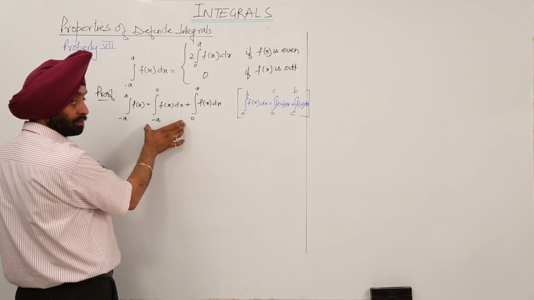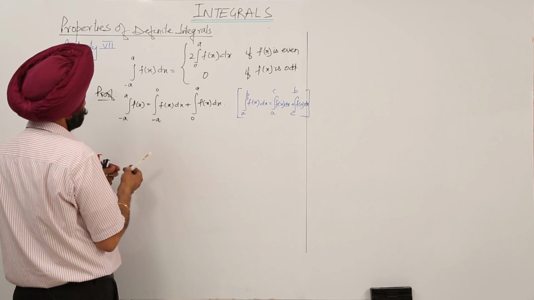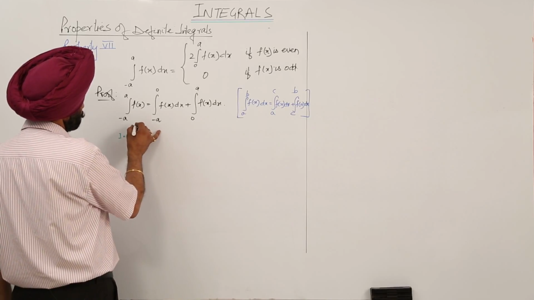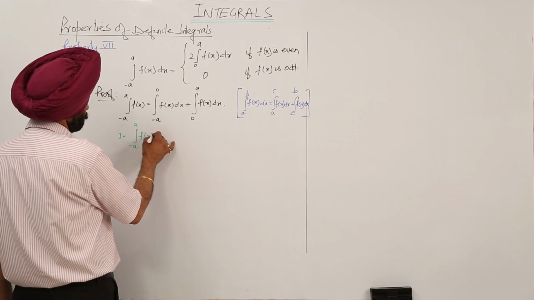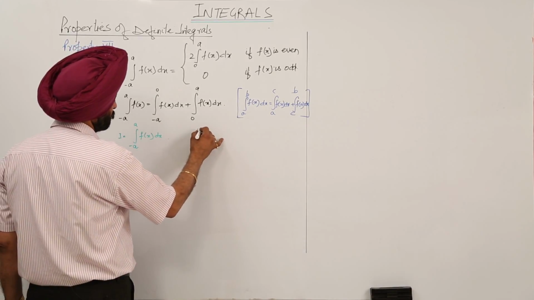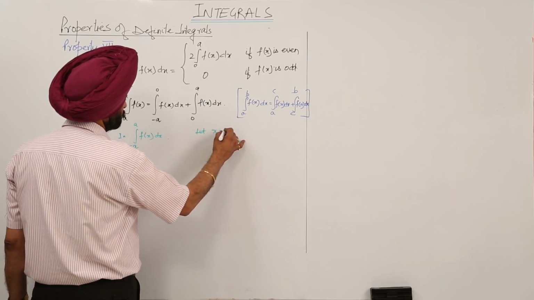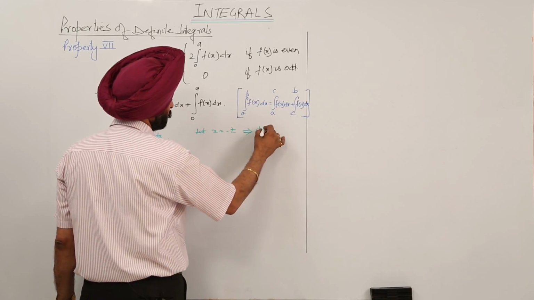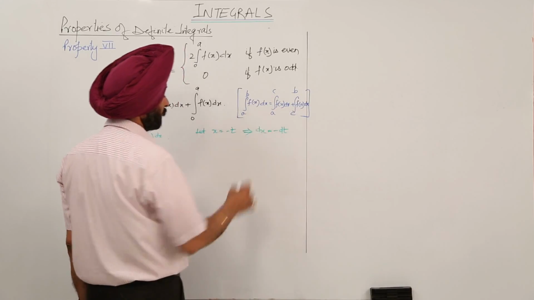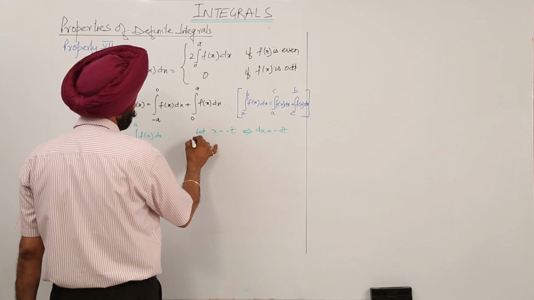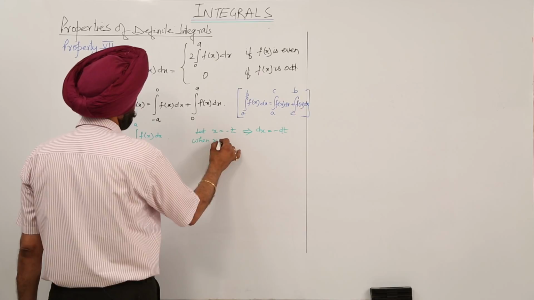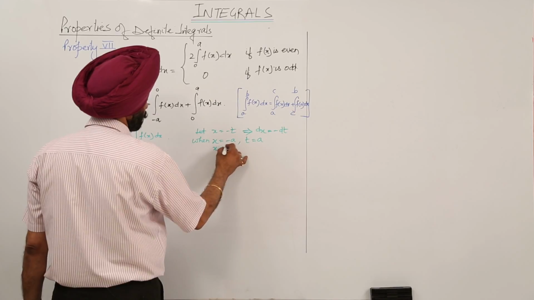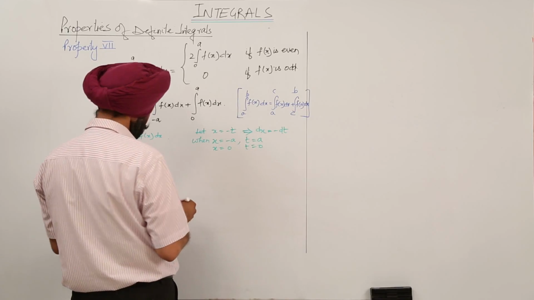Now going only for this part, solving this part. Okay. The integral from minus a to 0 of f(x) dx. Now let x be equal to minus t, and differentiating we get dx equal to minus dt. Now when x is equal to negative a, t is equal to a, and when x is equal to 0, t is equal to 0.